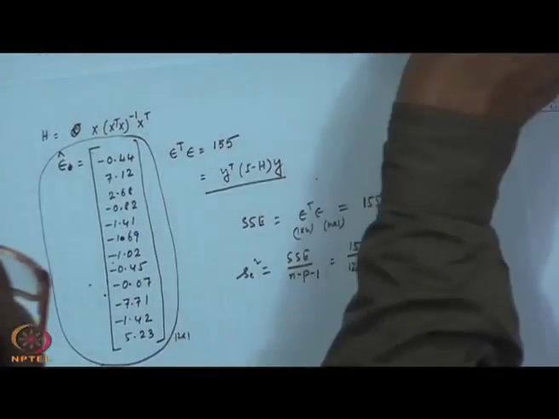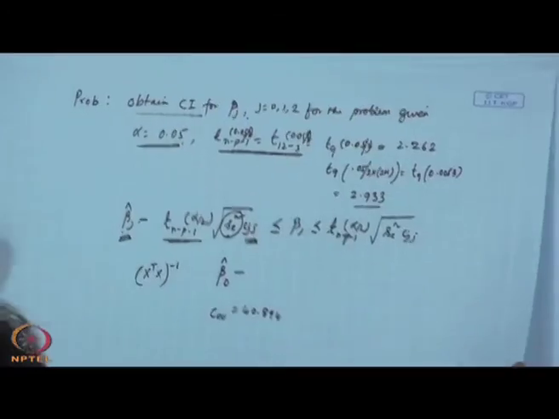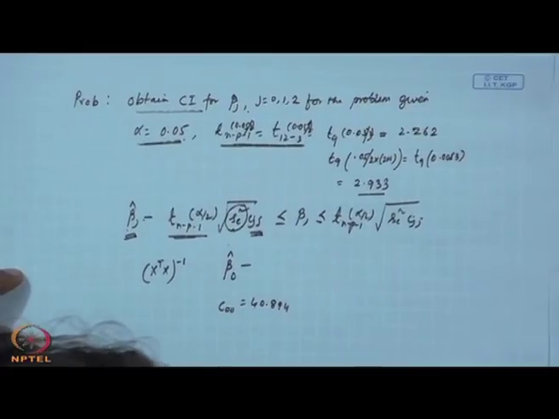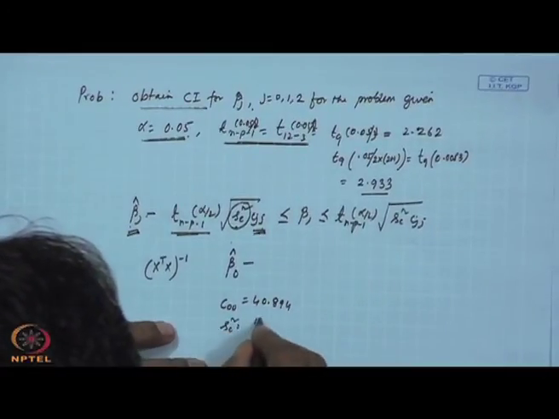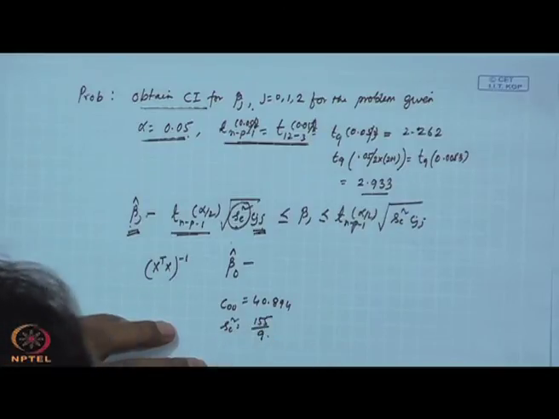That means what are the things known to you now, and what you require to compute. Our sigma cap square is 155 by 9.